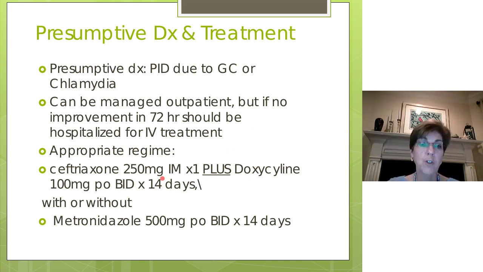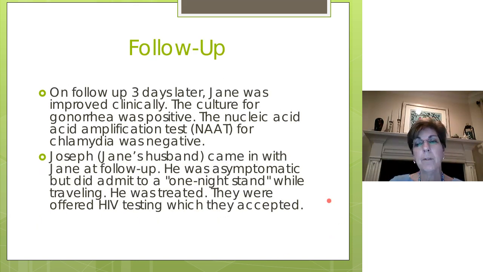This would treat trich, plus it also just extends the coverage of the ceftriaxone. So this is the first-line treatment for PID. And every time I've done it, I've gone ahead and added some metronidazole, which is Flagyl. It's good for anaerobic infections.